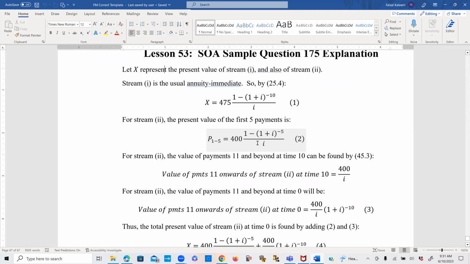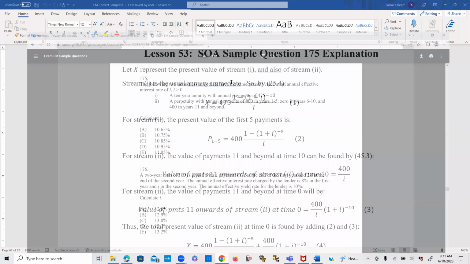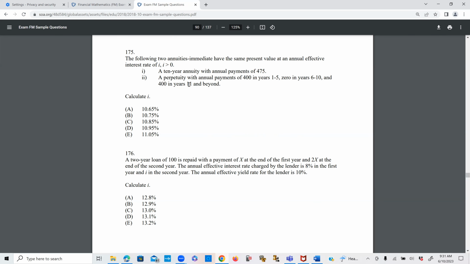And now the second stream: the infinite part of the payments starts at time 11. If we apply the perpetuity immediate formula, the value will be obtained at time 10, because remember that any annuity immediate or perpetuity immediate gives the present value one period before the first payment.